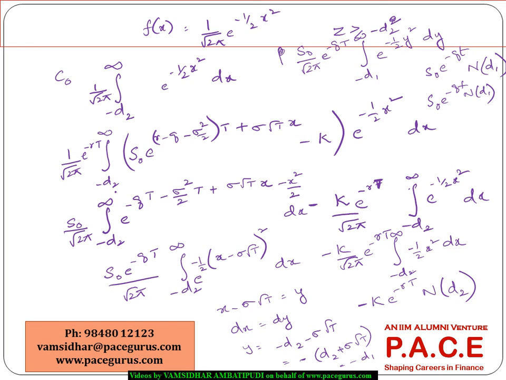So this is the typical mechanism to solve the equation and arrive at the Black-Scholes formula through a risk neutral evaluation model. All right.